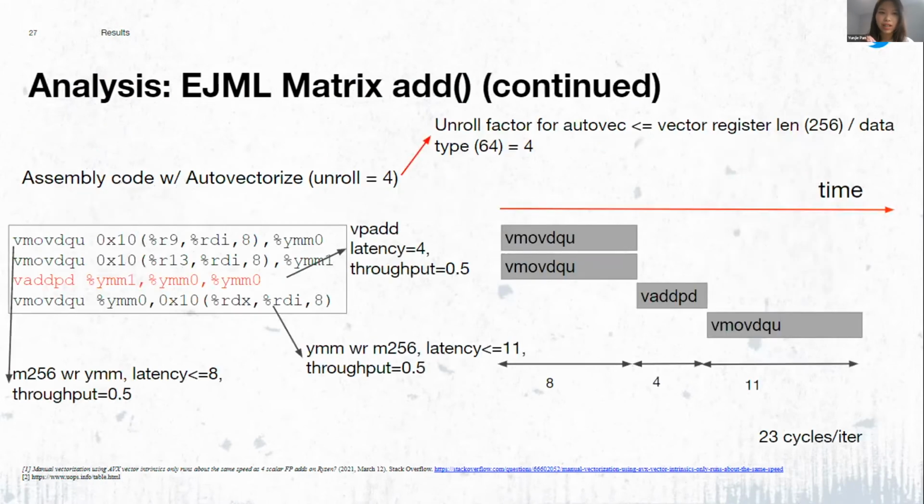If we look at the auto-vectorized assembly code here, when the unroll factor is 4, because of the dependency of the add instruction, reading memory and writing memory, we have a throughput of around 23 cycles per iteration. That's only a rough estimation.